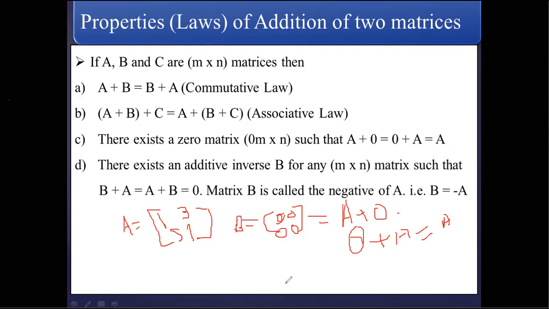Again, 0 plus 1 is 1, 0 plus 3 is 3, 0 plus 5 is 5, 0 plus 7 is 7. So when you add the 0 matrix to any matrix, you will get that given matrix.